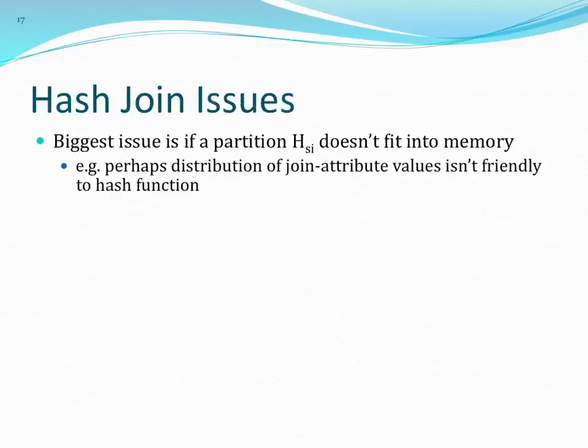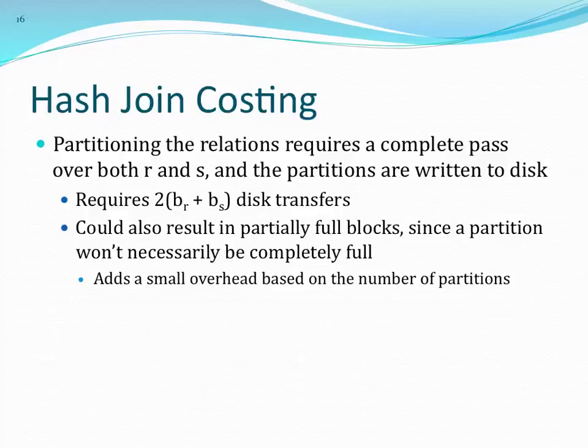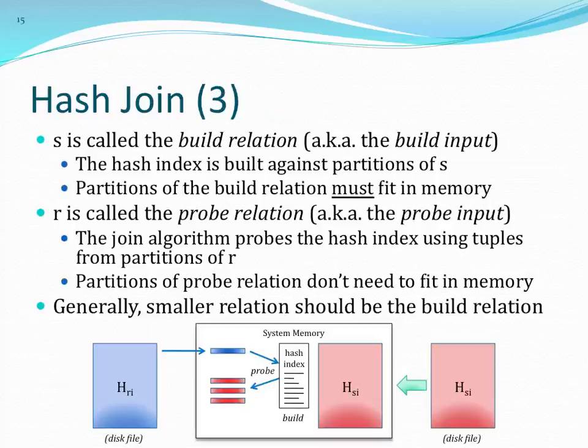Okay, so the biggest issue is if the partition's hash index H sub I doesn't fit entirely into memory. The reason this matters is that the hash index doesn't actually hold the tuples, because why would you do that?